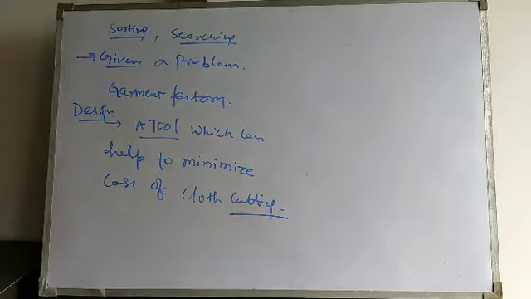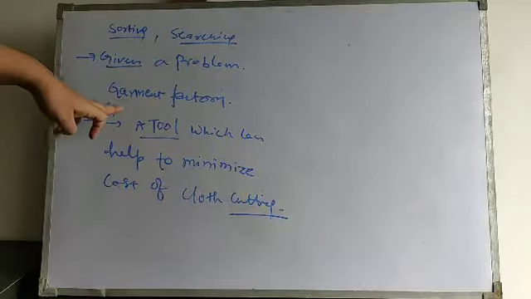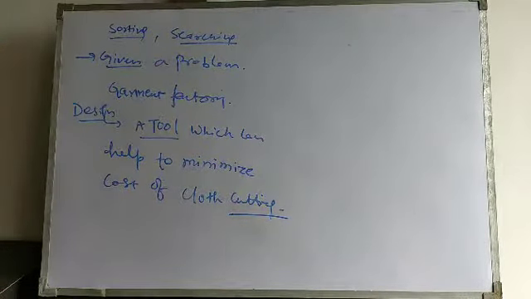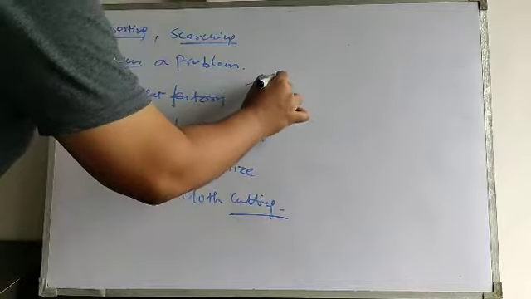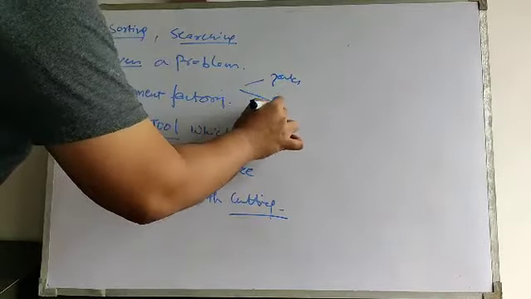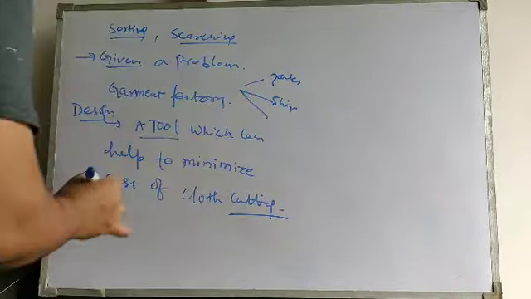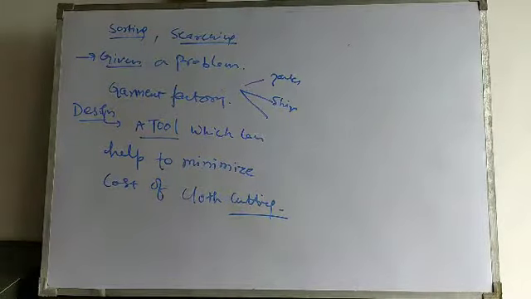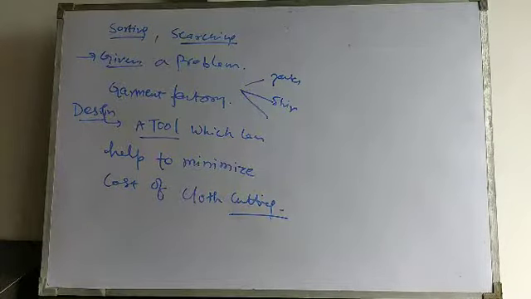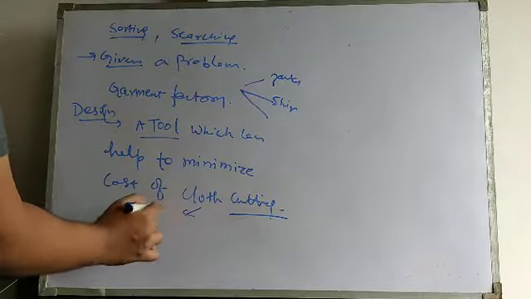In a garment factory, they develop things like jackets, shirts, pants and all. For doing this, they have to cut the cloth, right? So the idea is you are supposed to design an algorithm which can reduce the cost of cloth cutting and which can also reduce the wastage of cloth.